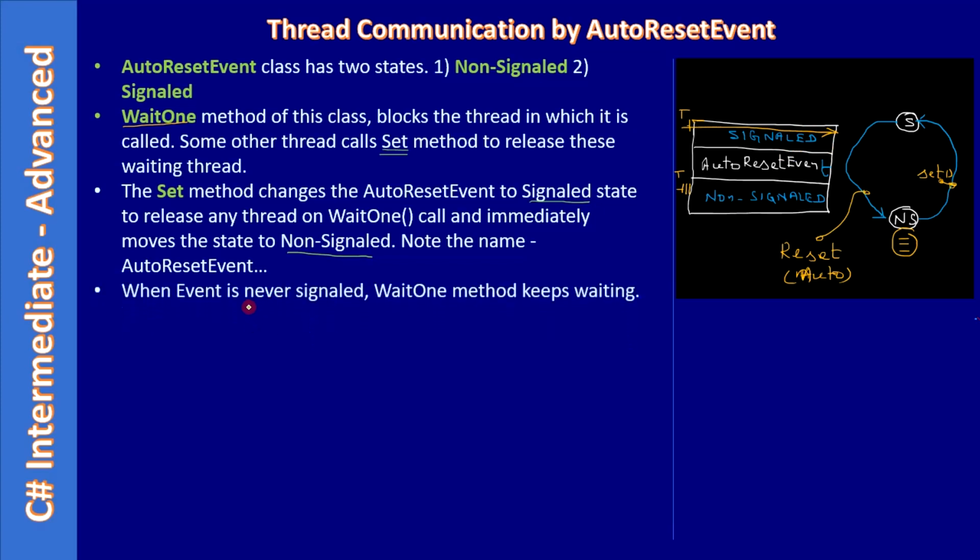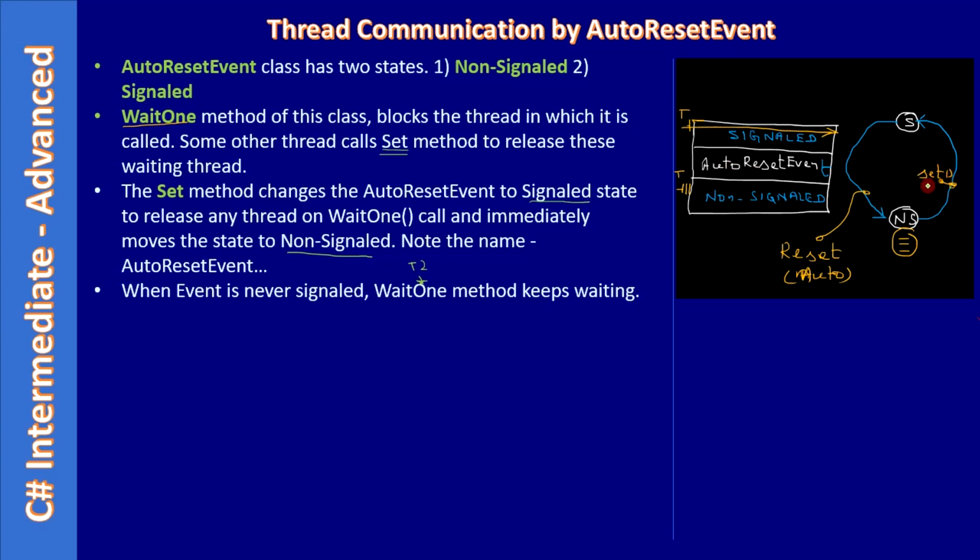When the event is never signaled, the WaitOne method keeps waiting. So if there is a thread T2 which is on WaitOne, it will keep waiting. So some other thread, T1 or the main thread, whatever thread is having access to this AutoResetEvent, will call the Set method.